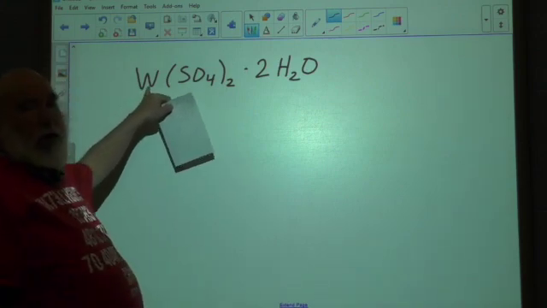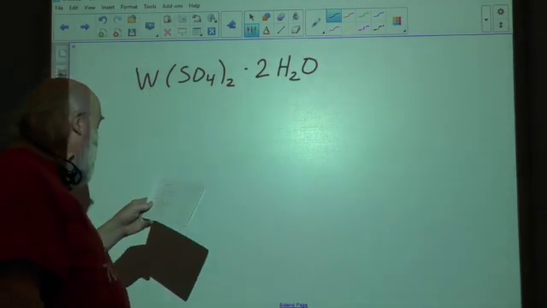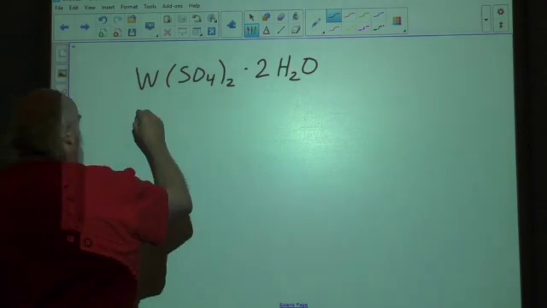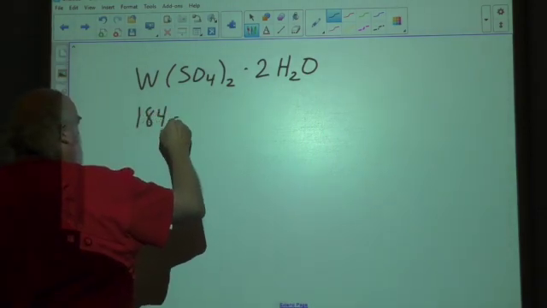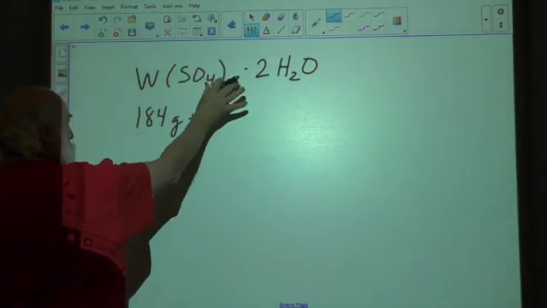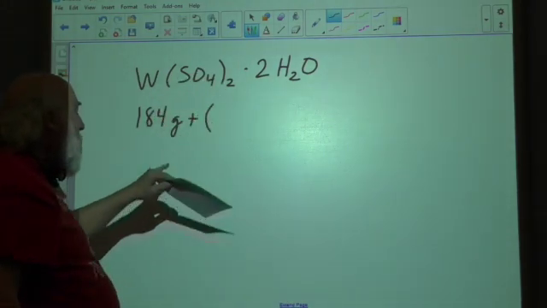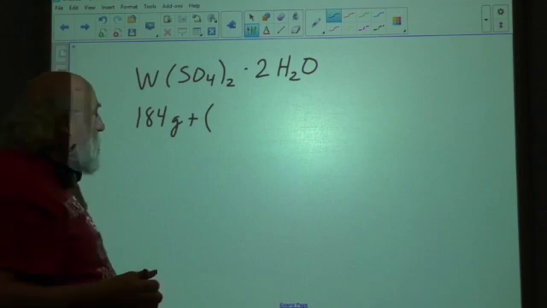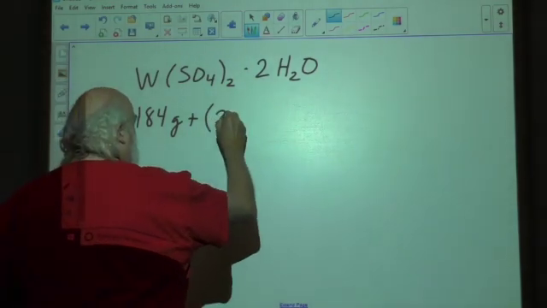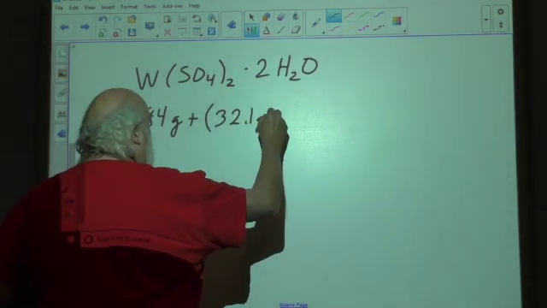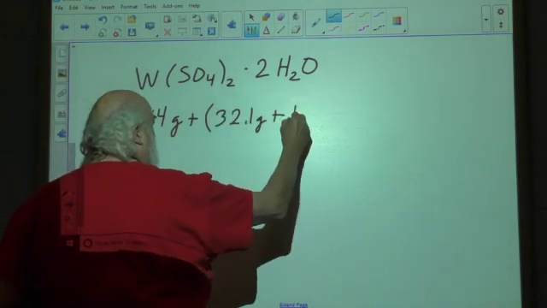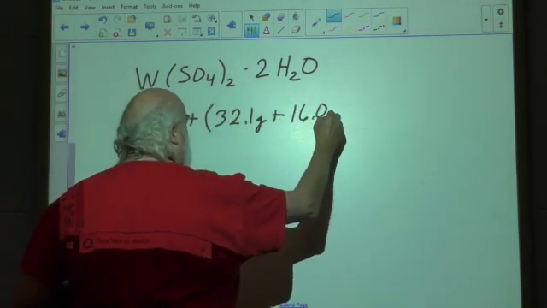Now, same thing. We go to the periodic chart and find the mass of tungsten, which is 184 grams. And we're going to do exactly everything as it's written out right here. So we've got a parenthesis here. Sulfur, rounded to 3 sig figs, is 32.1 grams, plus oxygen, which is 16.0 grams.